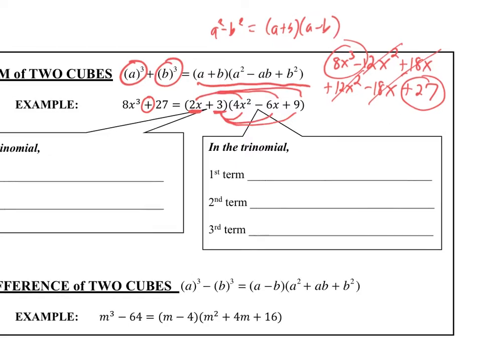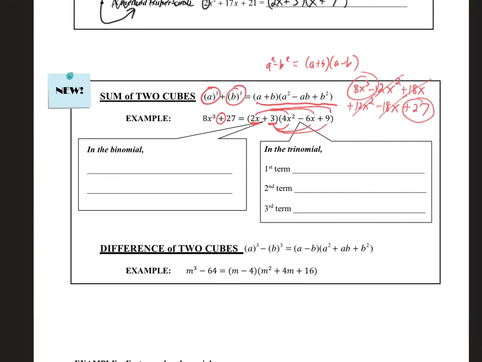Okay. So let's review what this looks like in the binomial. Some things to write down here. In the binomial, the first term is the cube root of 8x cubed. The second term is the cube root of 27.